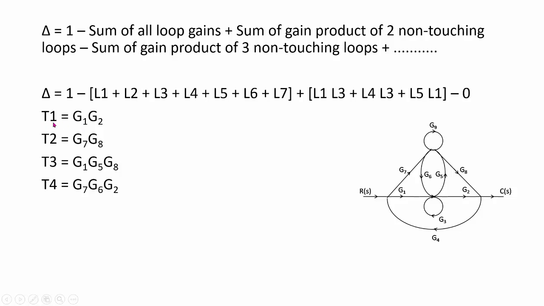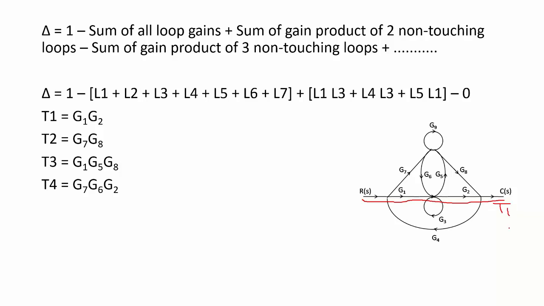that touches it. So if you look at this particular figure, the forward path T1 corresponds to the path starting from this point. If I highlight this, you start from this point, then move forward through G1, G2, then to the output side. So this was the forward path T1.